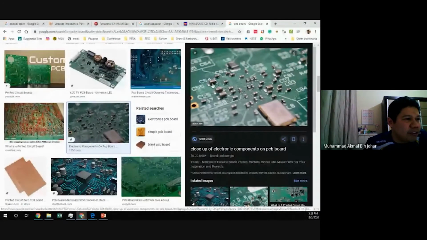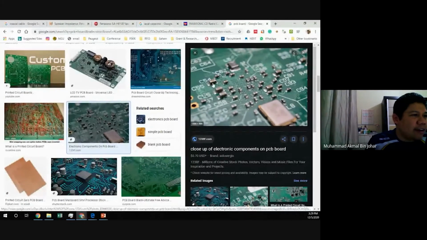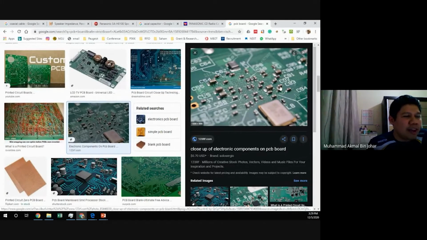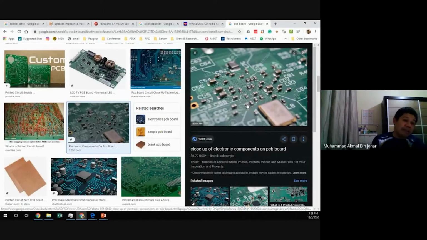So this is very small, and this is what we call an axial SMT component. Here you have a capacitor in very small form, which is typically used inside your handphones. So this is surface mounting technology, SMT.